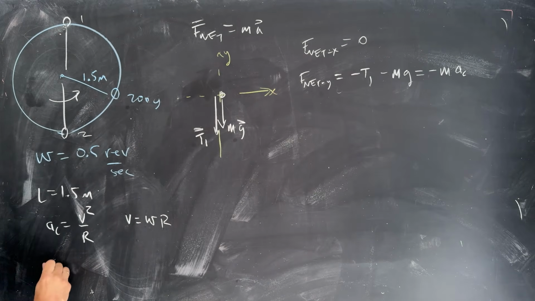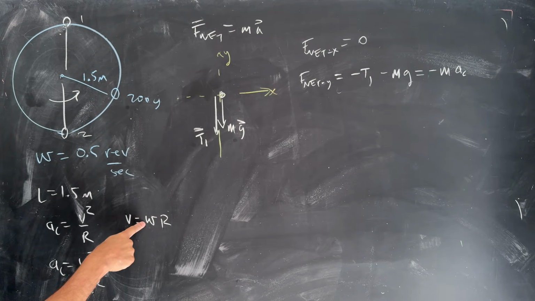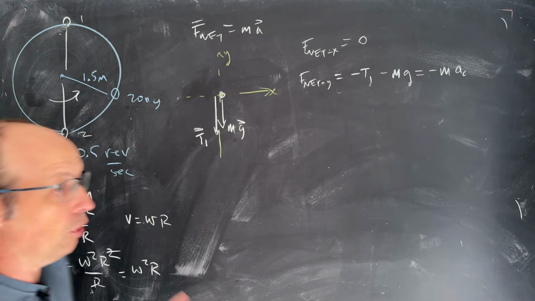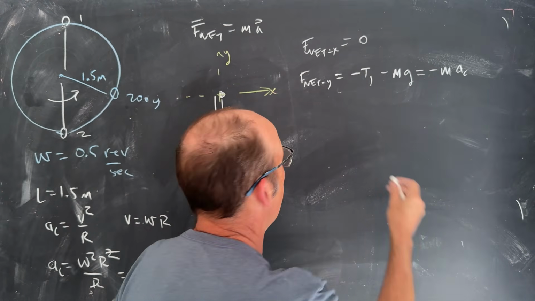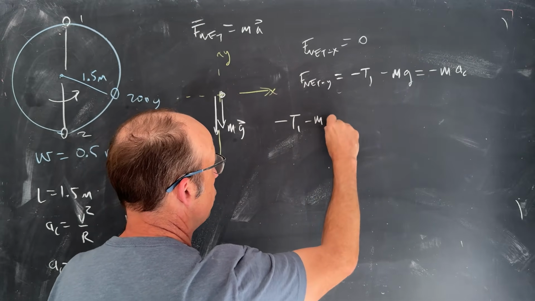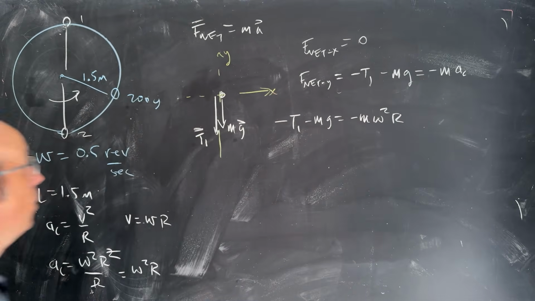If I plug that in right there, a_c is going to be omega squared R squared over R. I just put in v squared, and then that cancels, so I get omega squared R. So you could calculate the velocity, but I'm just going to write it like this. So this equation becomes negative T1 minus mg is negative m omega squared R. Now, I do have another problem.